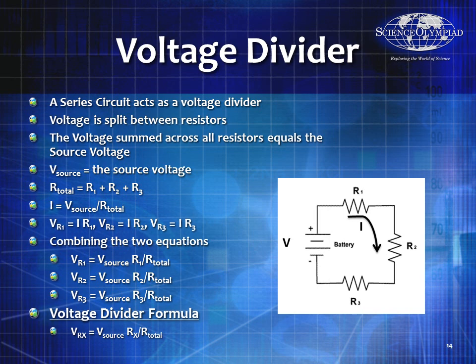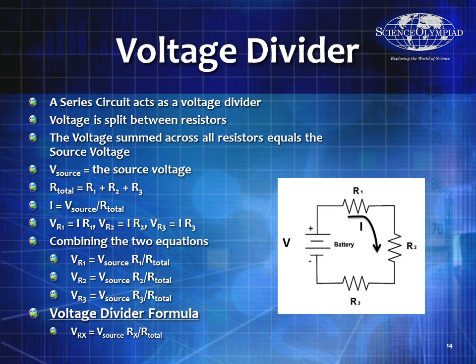So the big current going around is I is equal to V source divided by R total using Ohm's law. And then the individual voltages here, the voltage of R1 is going to be equal to I R1. V of R2, the voltage across here, is equal to I R2, and the voltage across here is equal to I times R3. Okay?